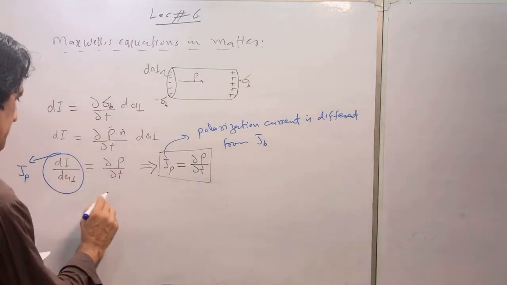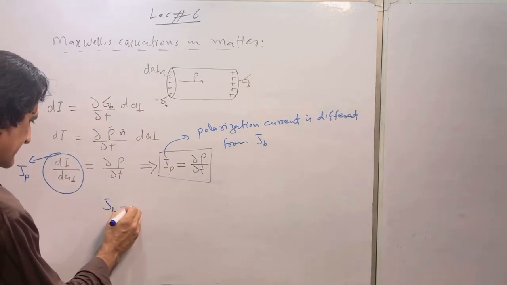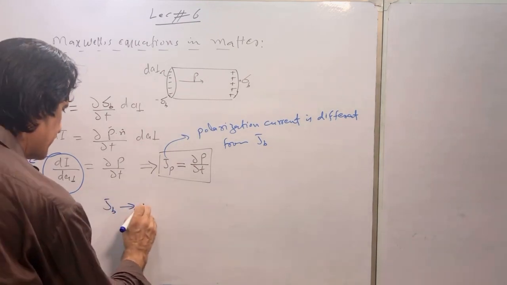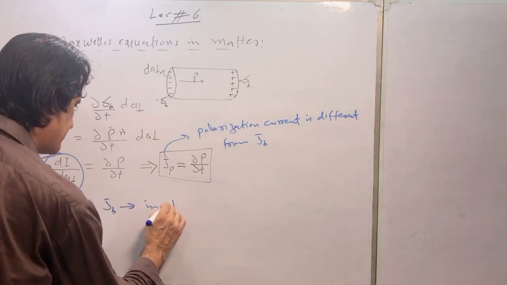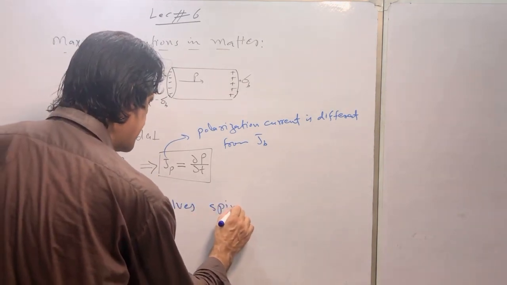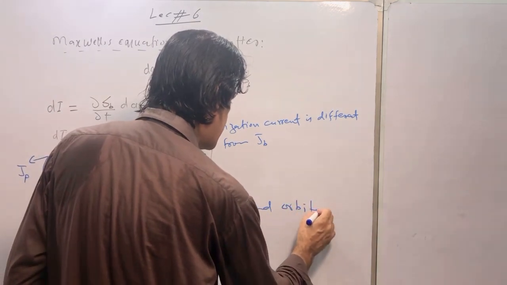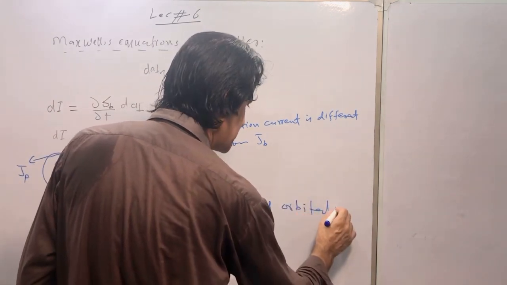How? Actually, the JB current involves spin and orbital motion of the electron.